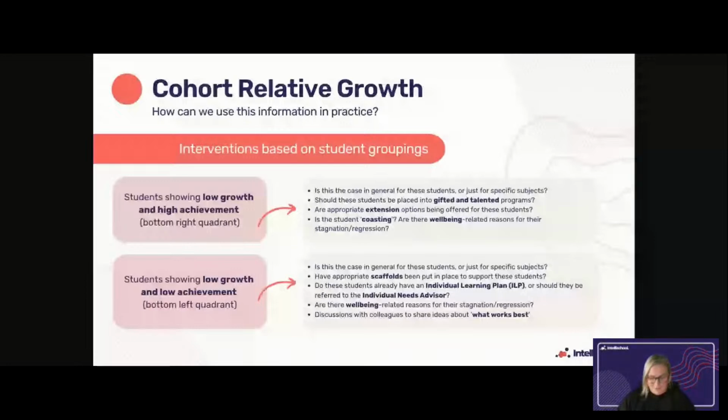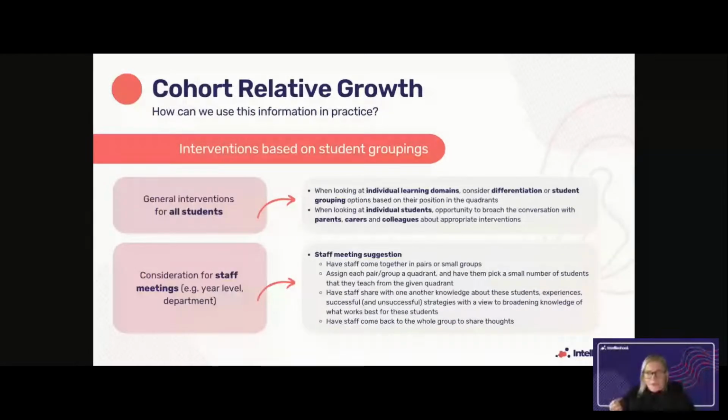Some general interventions for all students. So again, if we consider that we're looking at this either as an individual teacher, you might just be looking at your kids, or it could be that you're looking from a year level lens. When looking at individual learning domains, we want to consider, is this an opportunity for differentiation? I've identified a group of kids who are in a reasonably similar position, especially where you've got that isolated just for science results or just for humanities results.